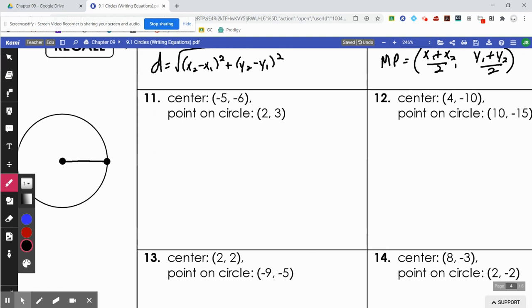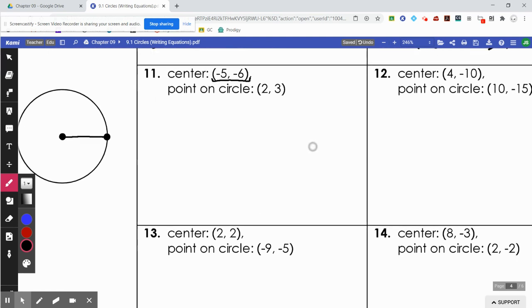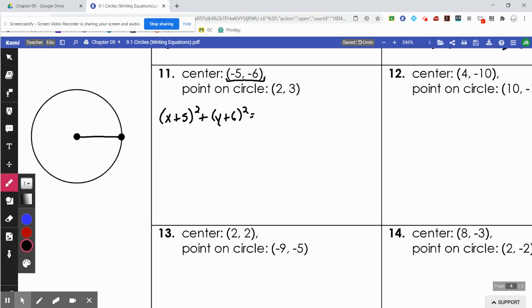So if the center of our circle is located at -5, -6, we've got most of our problem. Shift it left 5, shift it down 6. There's our circle so far. All we need is a radius. The distance from the center to the outside is going to be the radius. So I'm going to use my distance formula here. Distance is equal to the square root of x2 minus x1.